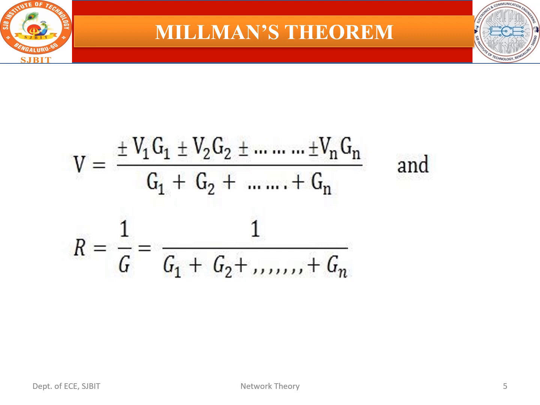Here V is given by V1 G1 plus V2 G2 plus V3 G3 etc. up to Vn Gn.